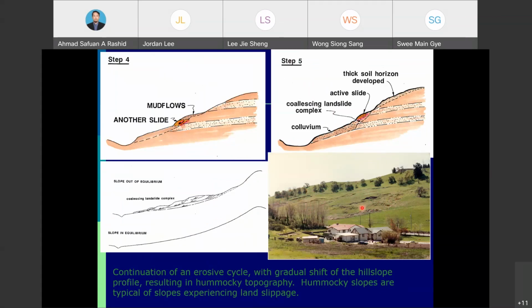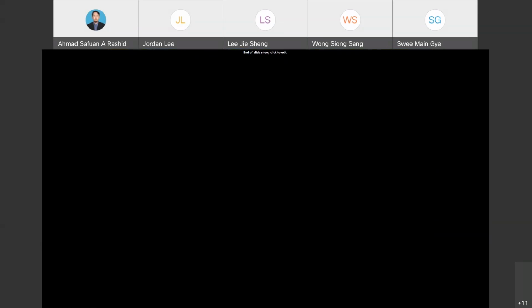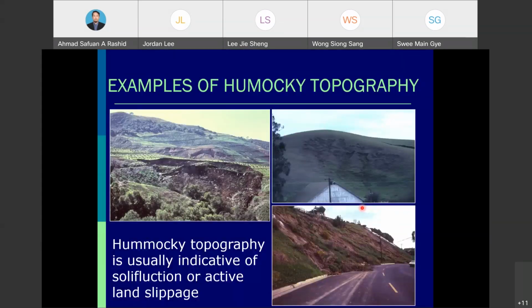Hummocky topography is usually indicative of solifluction or active landslippage. So this is an example of an area that is exposed to landslide.